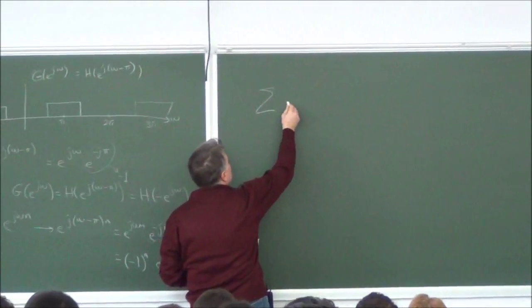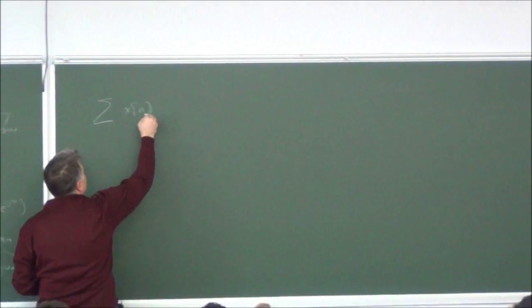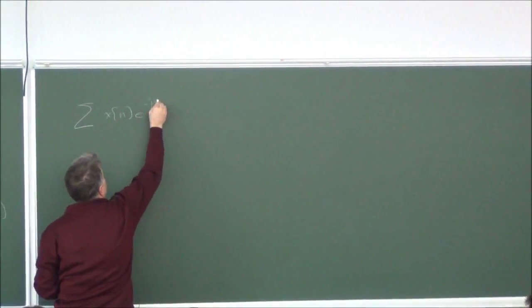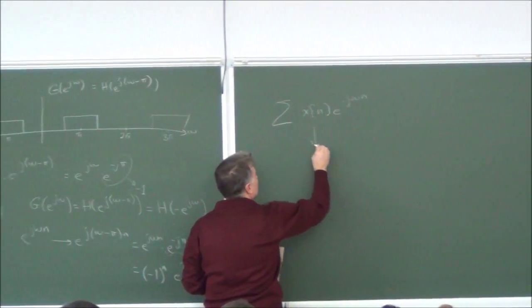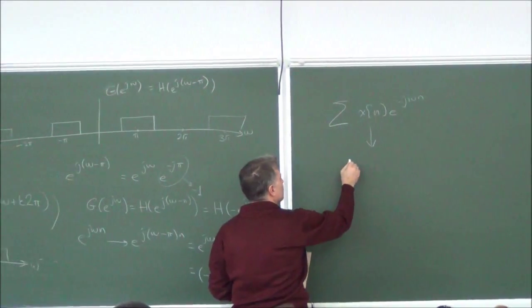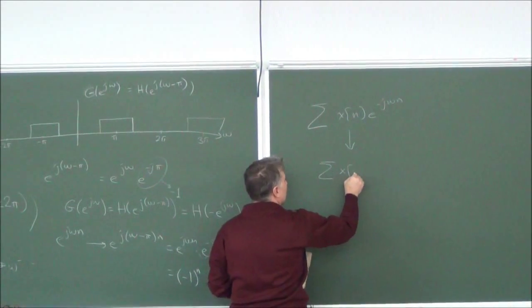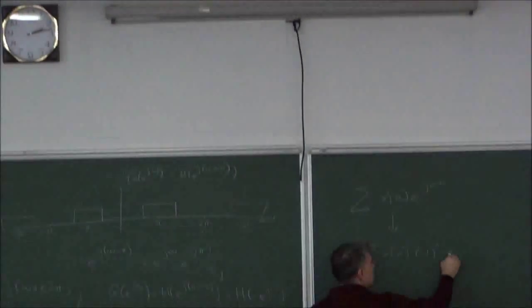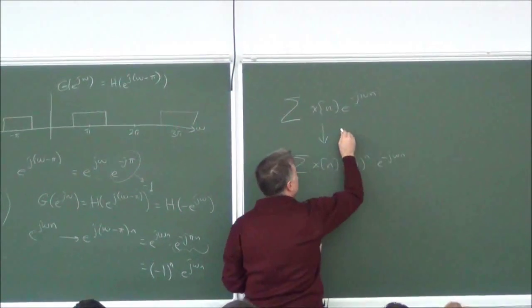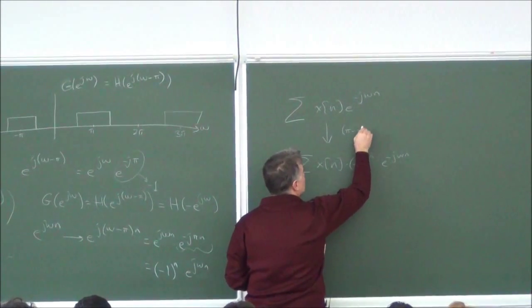In this summation, x of n e to the minus j omega n, which is the Fourier transform, transforms into x of n times minus 1 to the power n times e to the minus j omega n by pi shifting.